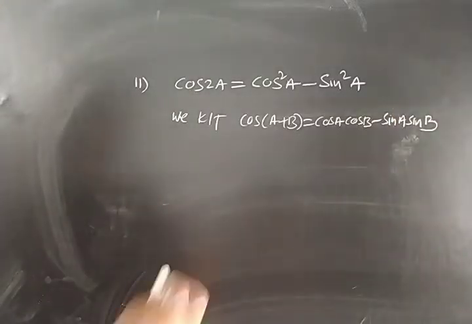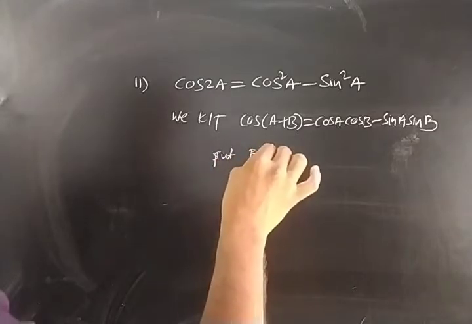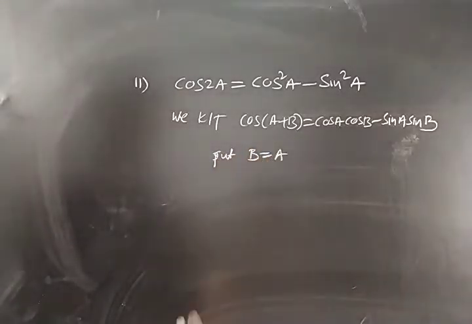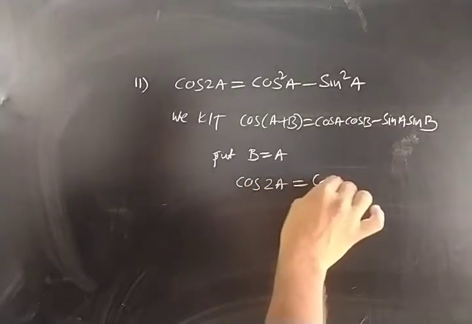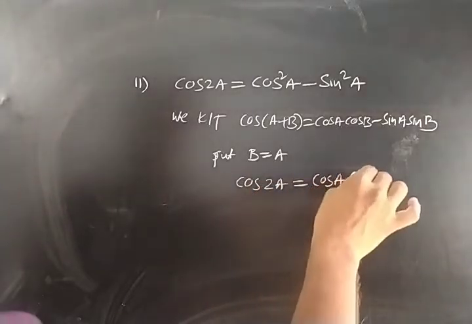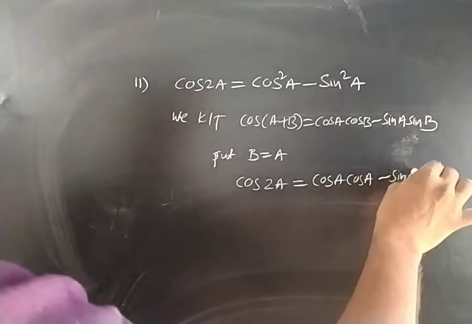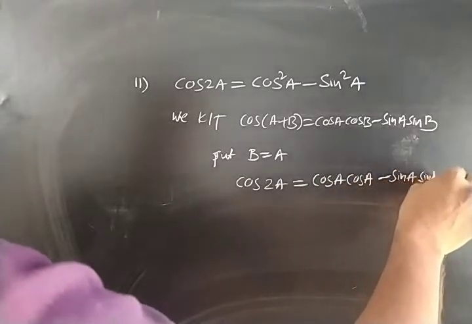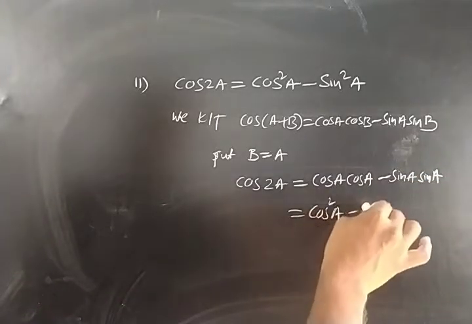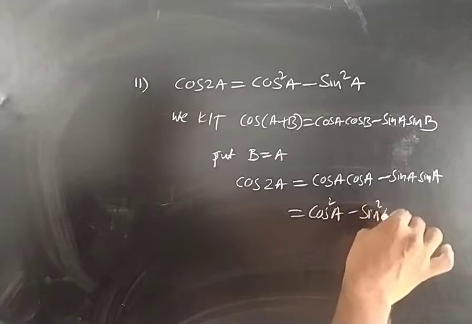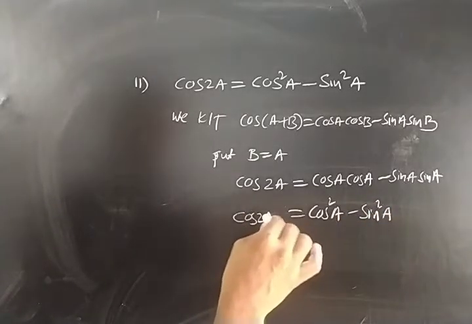In place of B, put A. Put B equal to A. We will get cos 2A at the left hand side, and right hand side cos A into cos A minus sin A into sin A. So that will be cos square A minus sin square A. This is the main formula, but you can modify it.